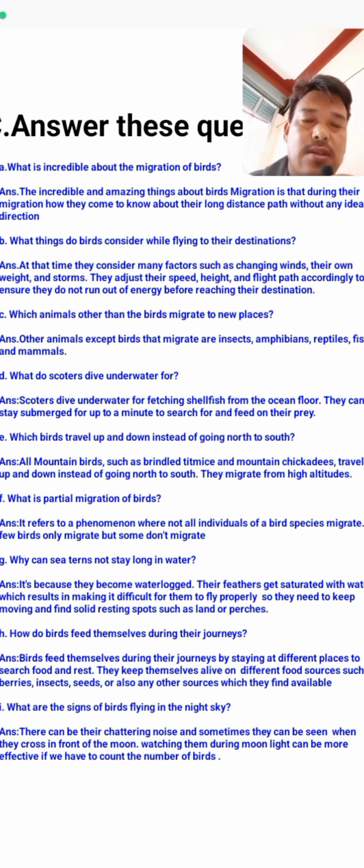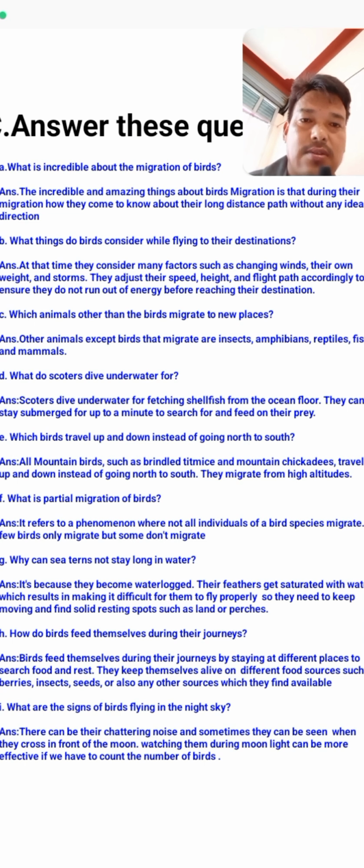So we can see it very clearly, and we can also hear the chattering noise of the birds when they usually fly in a large group. Watching them during moonlight can be more effective if you have to count the number of birds.